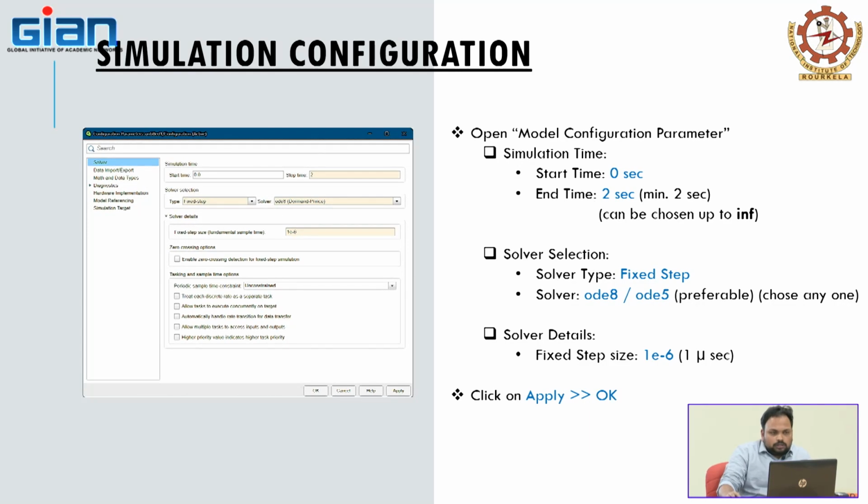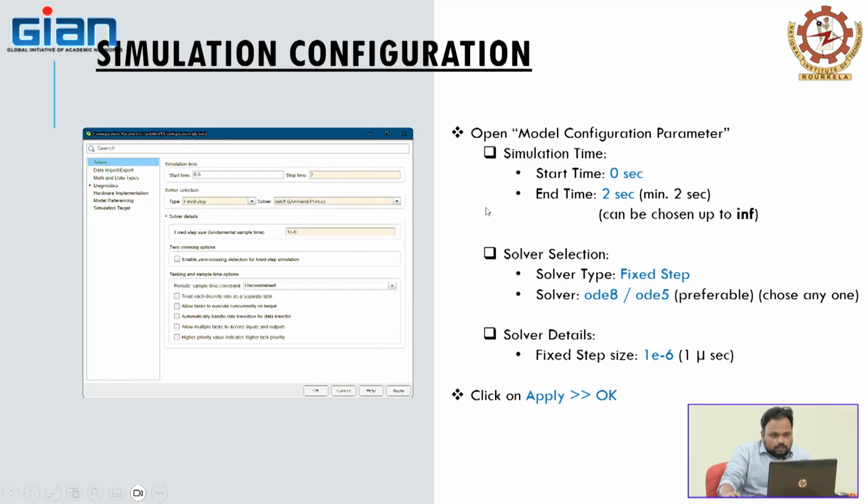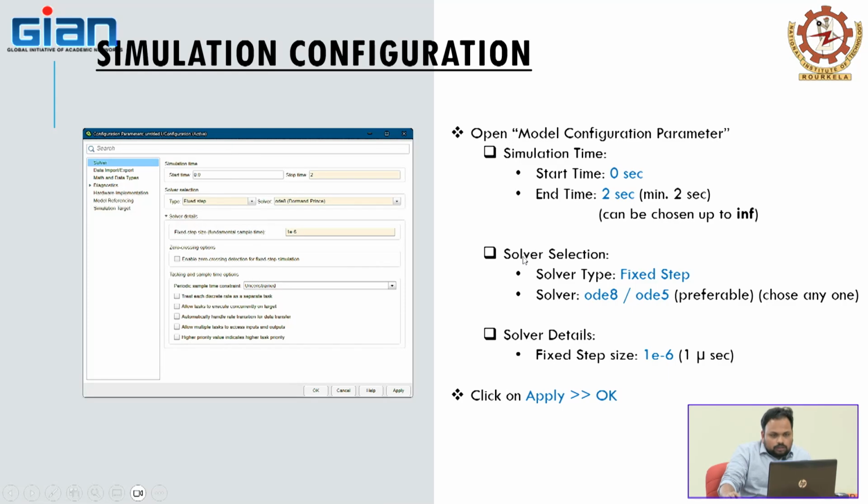Now coming to the simulation. Before we start the simulation, first we have to configure the model parameters. Here you can see the screenshot of the model configuration parameter settings. Three important things are there. First, the simulation time, then the solver selection and the solver details.